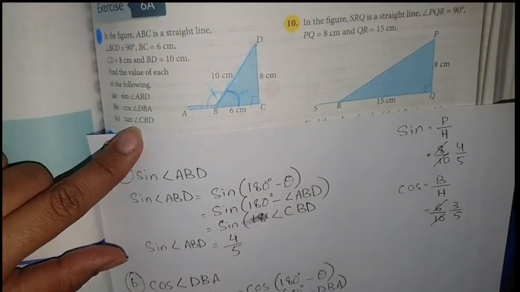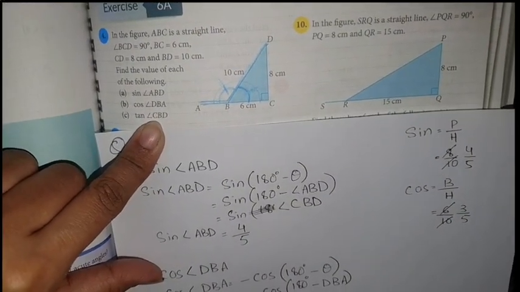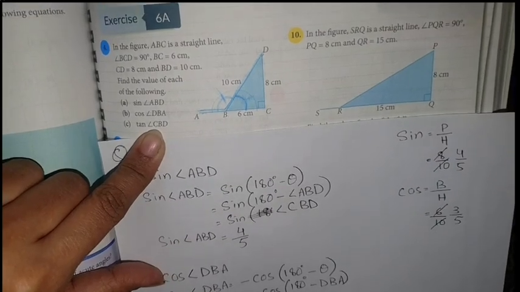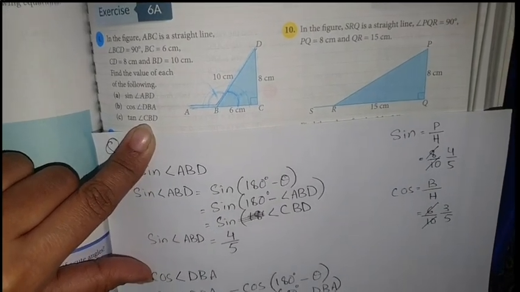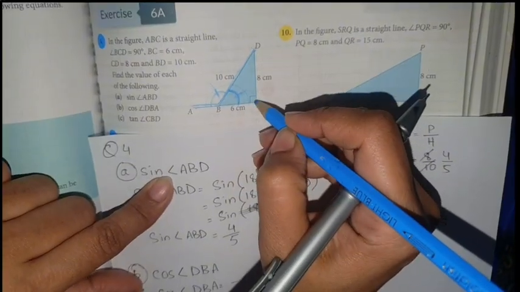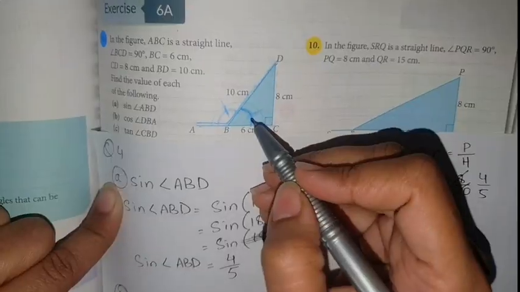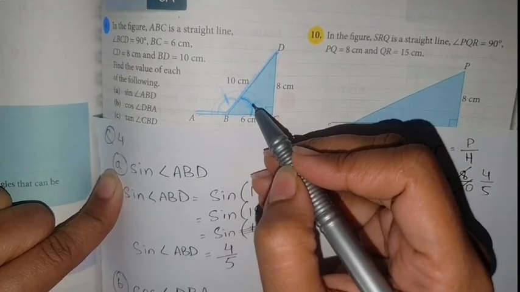Now move to part C. It's tan angle CBD. First of all, move to the picture, and here angle CBD. We have to find the tan of angle CBD. How can we do that? Again, we use this angle and find tan.